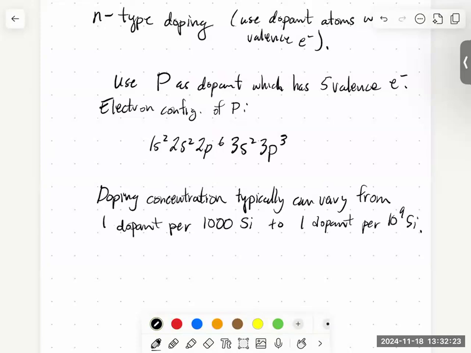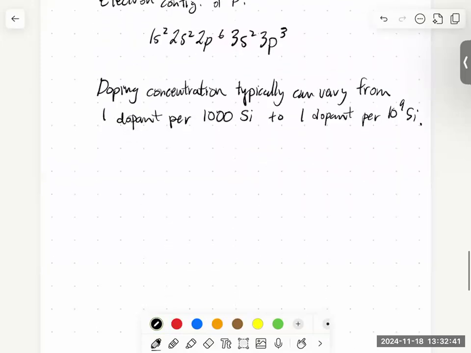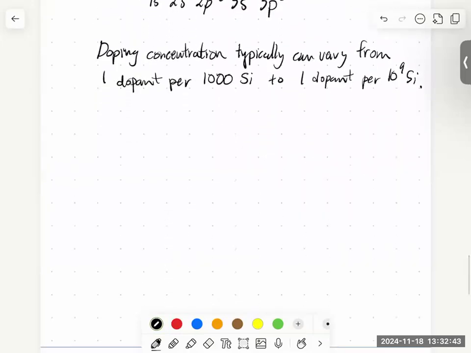So this ratio 1 to 1,000 would be like a heavily doped material, and 1 per 1 billion would be lightly doped. And so, that's 6 orders of magnitude difference in concentration, and you can imagine that that's going to have a large effect on the electronic properties of the material.